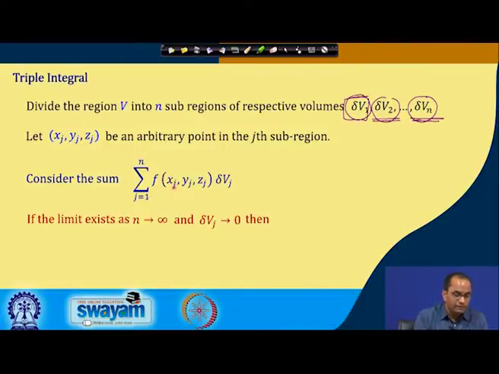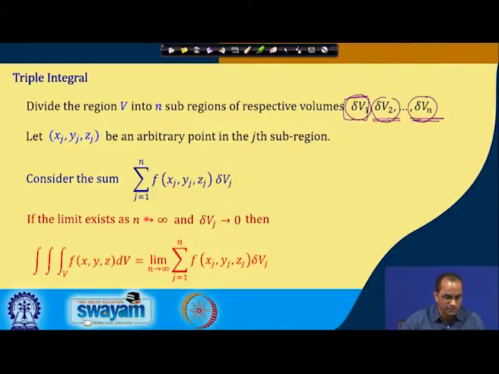Now, if we take the limit as n goes to infinity, then delta V j will go to 0 because the domain is fixed. If n goes to infinity, then the number of subregions goes to infinity, which means the volume of each subregion will go to 0. If this limit exists as n approaches infinity, we call this an integral.